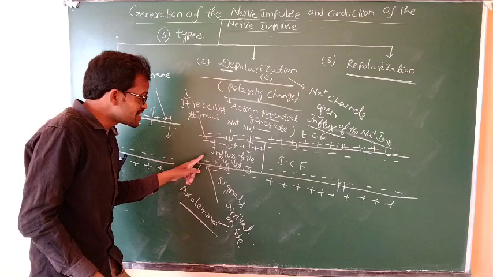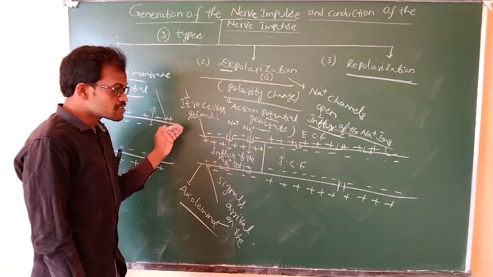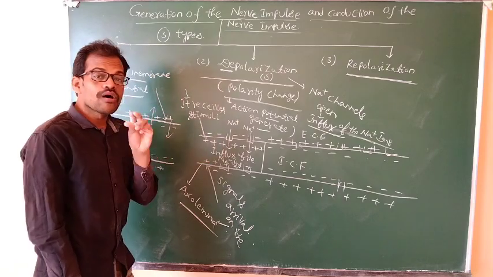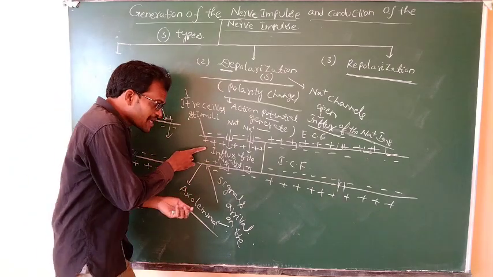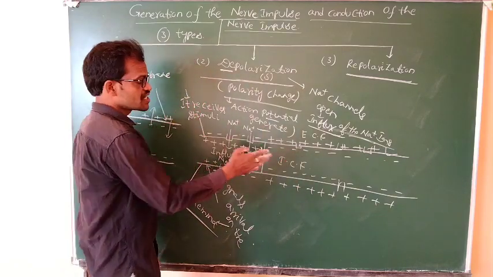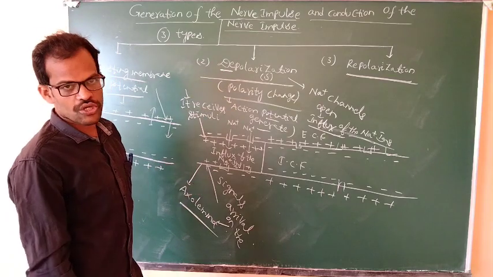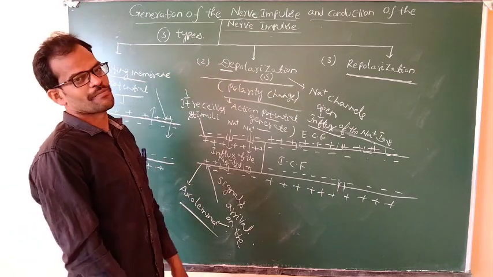Once they move inside, the inside is positive and the outside is negative. This first takes place only at the first place of the axolemma. The other part is in the polarized condition, not depolarized. Depolarized means the polarity is changed once the neuron receives the stimulus.